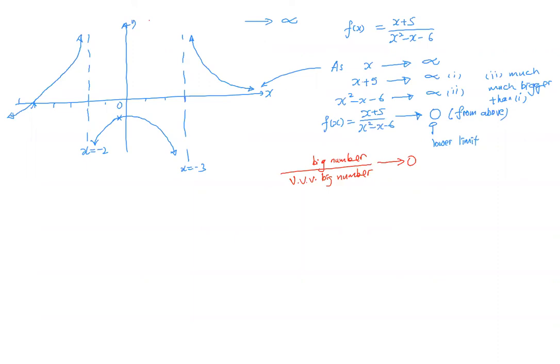Okay, so now I'm going to introduce you another term. So this one, y equal to 0 is the horizontal asymptote.